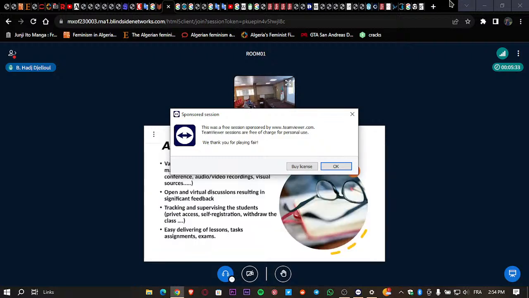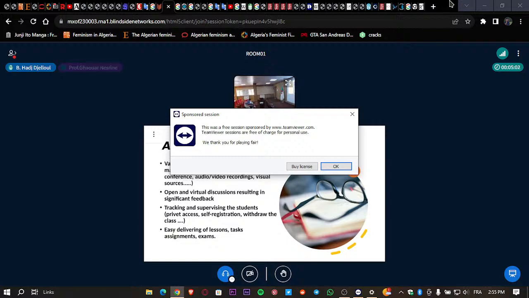Now, going to other advantages, as I said, the variation of lectures and the way they were delivered, including documents, video conferences, audio and video recordings, and visual sources such as images, charts, and diagrams. Now, the open and virtual discussion, which gives significant feedback.